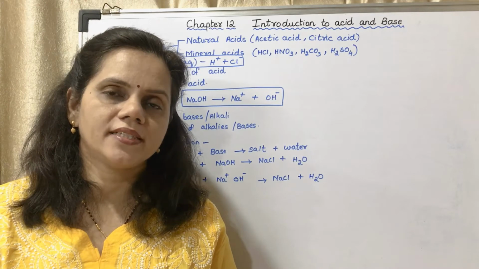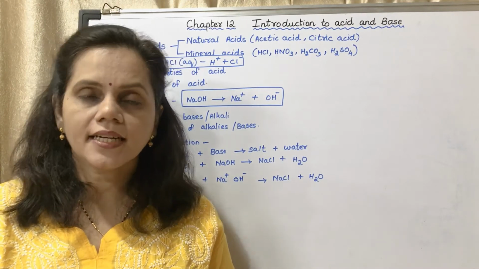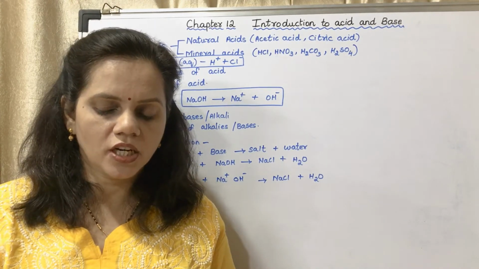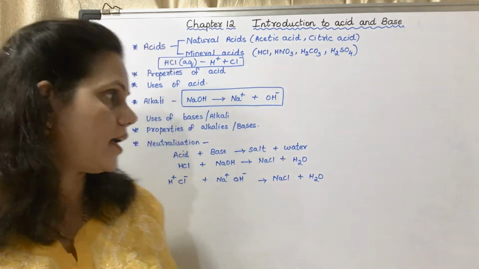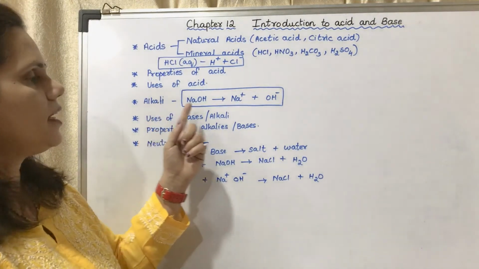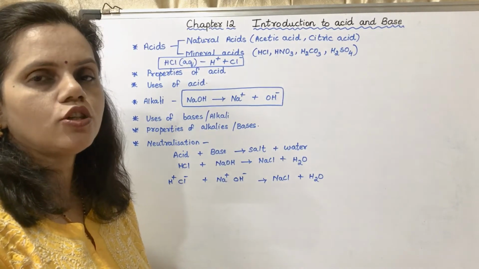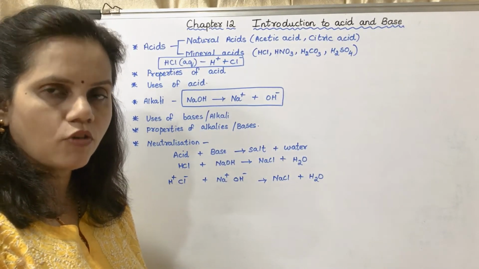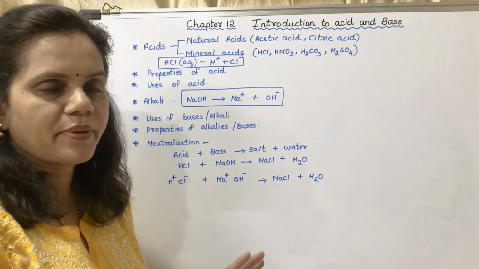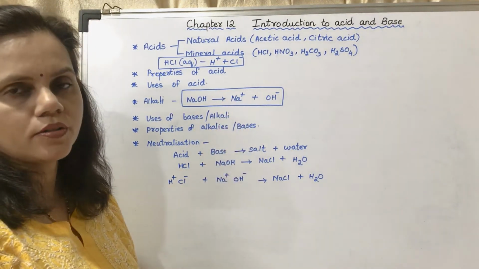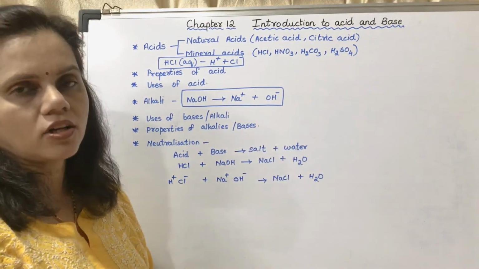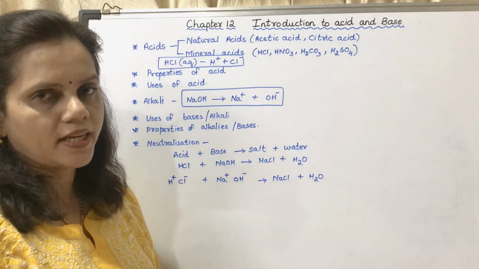Now the next is bases or alkali. Alkali is a substance whose water solution gives hydroxide ion. So you may see alkali. This is an example of an alkali, that is sodium hydroxide. Sodium hydroxide, when dissolved in water, dissociates, it separates to form sodium positive ions and hydroxide ions, that is OH minus ions.